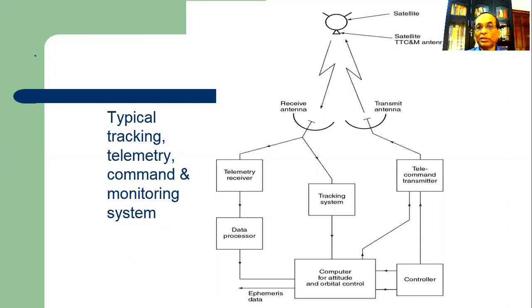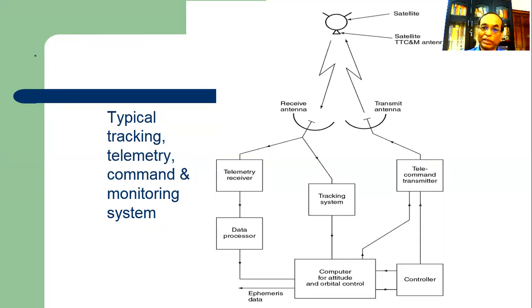For that, there will be a receiving antenna and a transmitting antenna. Through the receiving antenna, the signal will be processed into two routes.